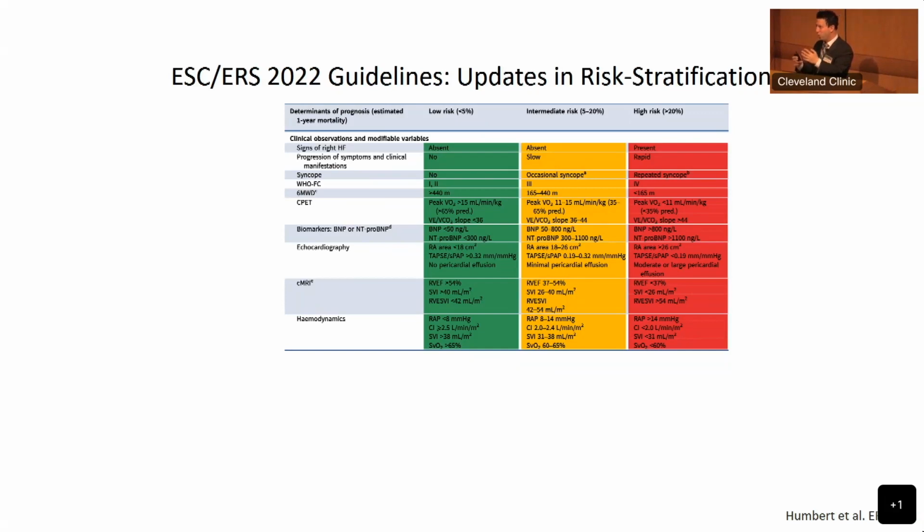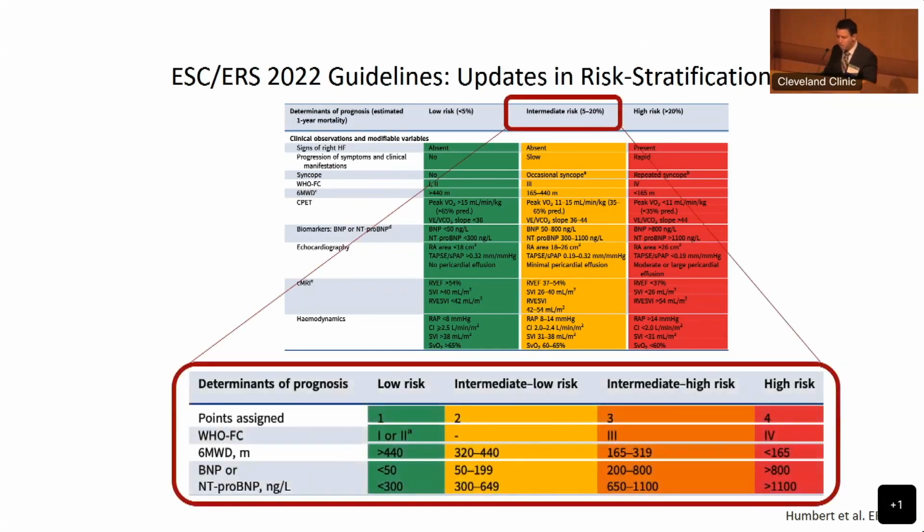And what do we do? Well, they recommended further risk stratifying within this intermediate risk group using this abridged variable model, in which they looked at functional class, 6-minute walk distance, and BNP, and they broke up this intermediate group into intermediate-low risk and intermediate-high risk based on these revised variables.